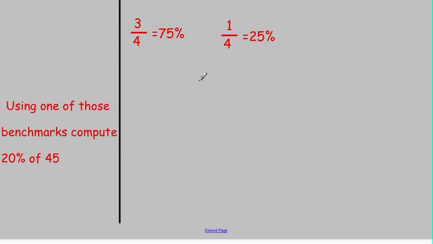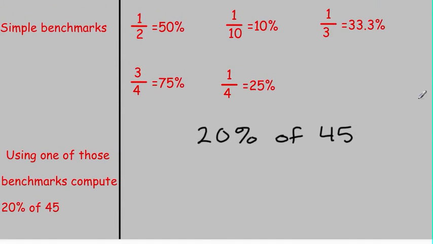To solve a problem like this, 20% of 45, there are many ways that I can do this. One way is to know, well, what is 10% and how do I find 10%? Remember we talked about 10% in class, meaning we can move the decimal over. We showed all the dividing, but we found that we can just move that decimal over.